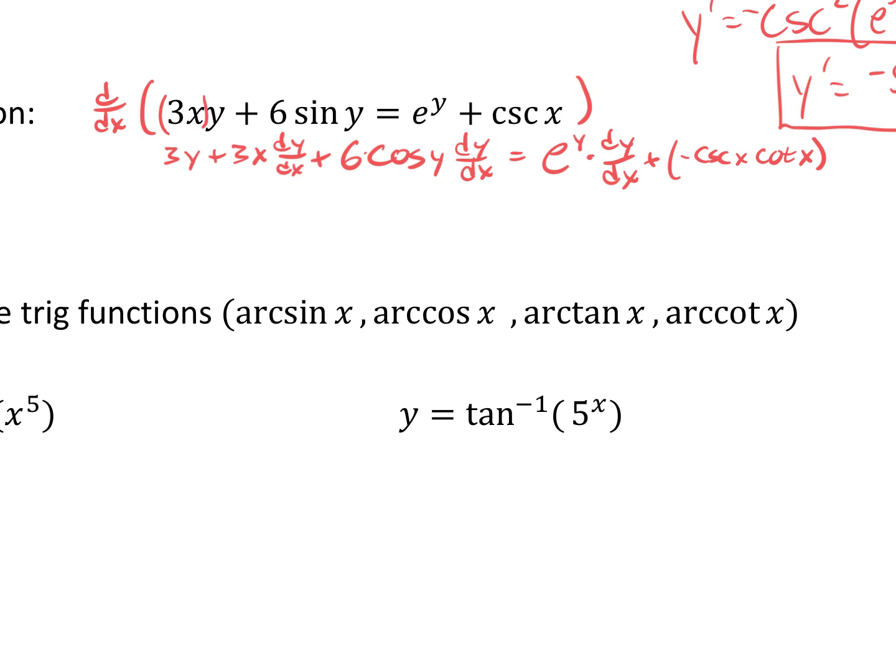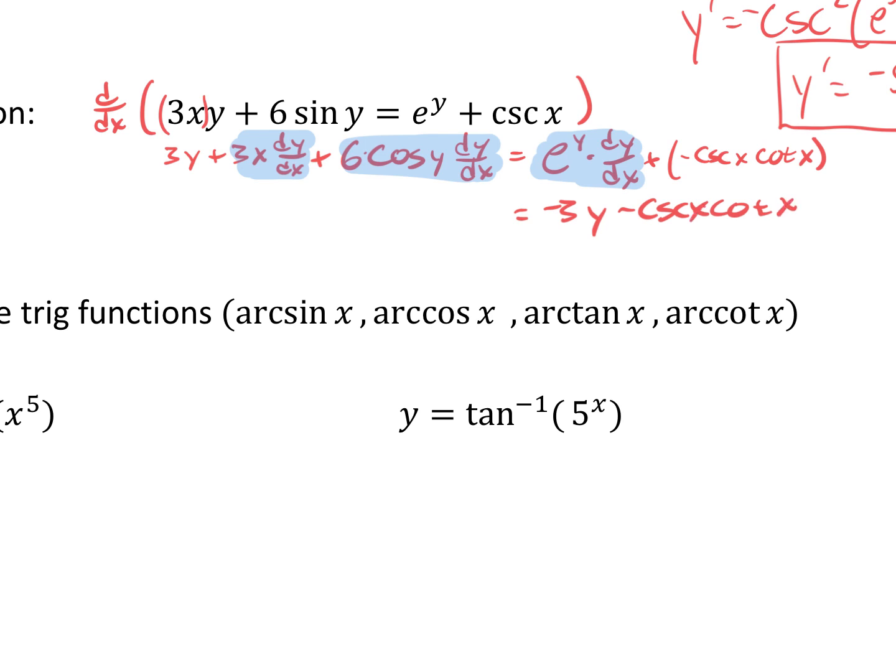All right, well, we need to take these terms that have a dy/dx in them, and we need to get them all on the same side. So let's bring this one over here, and we'll subtract the 3y over. So we'll have a negative 3y minus cosecant x cotangent x.